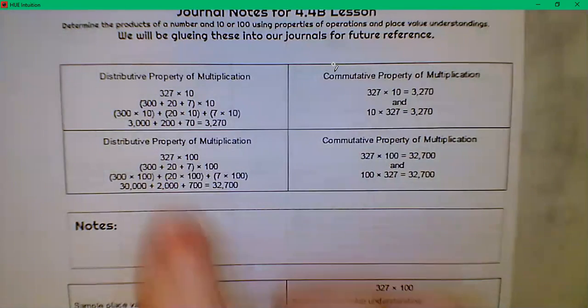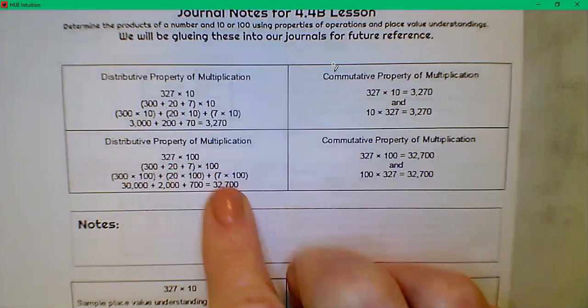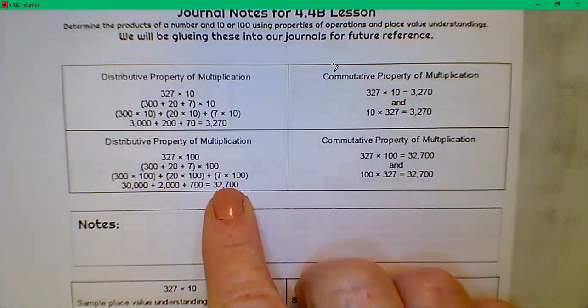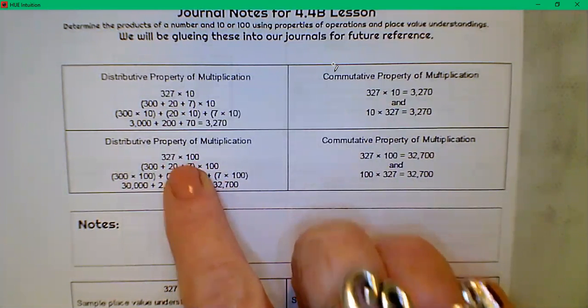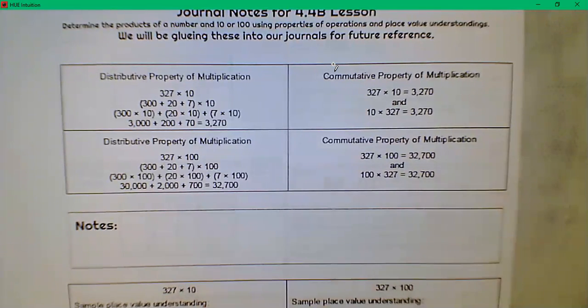So when we take the number 327 times 100, if you look at the product, it creates 2 zeros at the back end, right? 2 zeros in 100, 2 zeros at the back end of this number. Again, that is what makes it nice when we're multiplying by 10 and 100. So again, in this distributive property of multiplication, it doesn't matter how they group it, you're still going to get the same product as if you did 327 times 100.